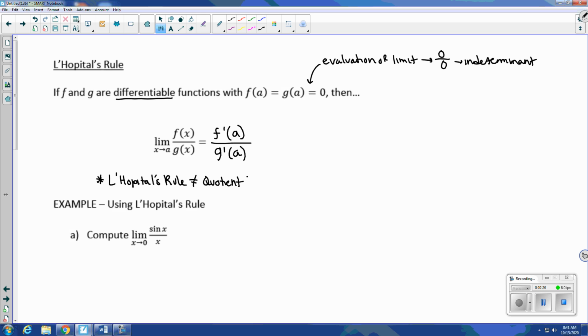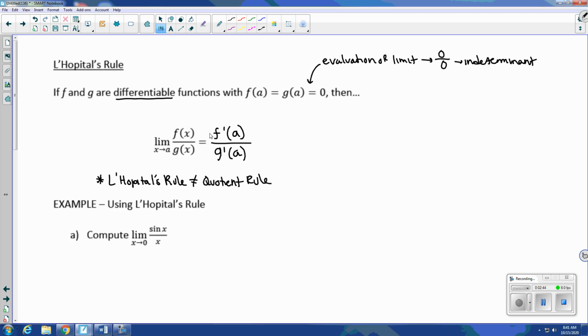All you're doing is taking the derivative of the numerator as an individual function and the derivative of the denominator, and you reevaluate.